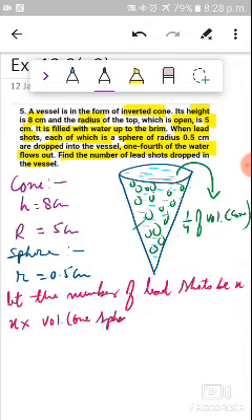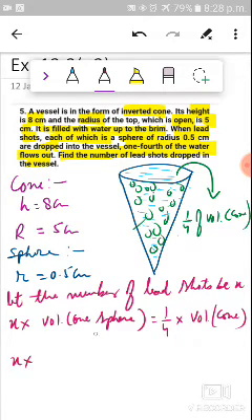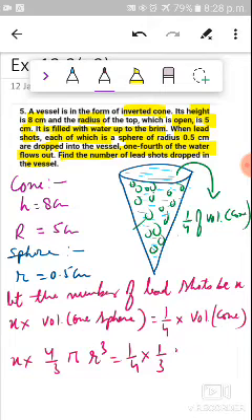Lead shot is spherical, na? So x multiply volume of one sphere will be equal to 1/4 of volume of cone, right? So x multiply volume of sphere. Volume of sphere is what? 4/3 pi r cube. That is equal to 1/4 of volume of cone. That is 1/3 pi R square h.